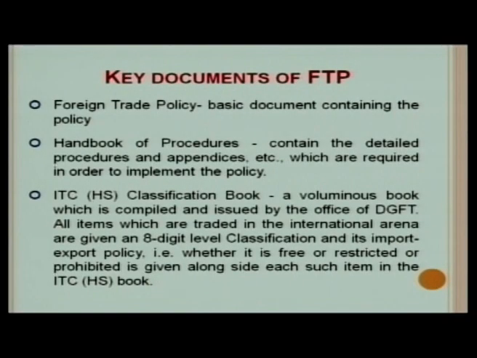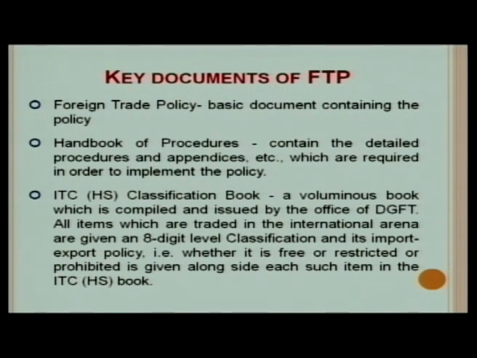If we understand the key documents of the foreign trade policy, it primarily comprises 3 documents. One is the foreign trade policy, which is a policy document. Another is the Handbook of Procedures with appendices, which explain the detailed procedures required to implement the policy.